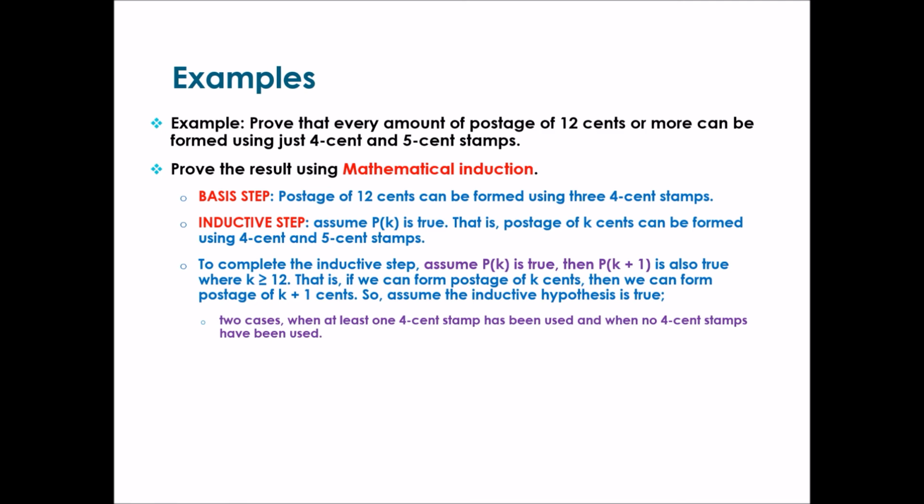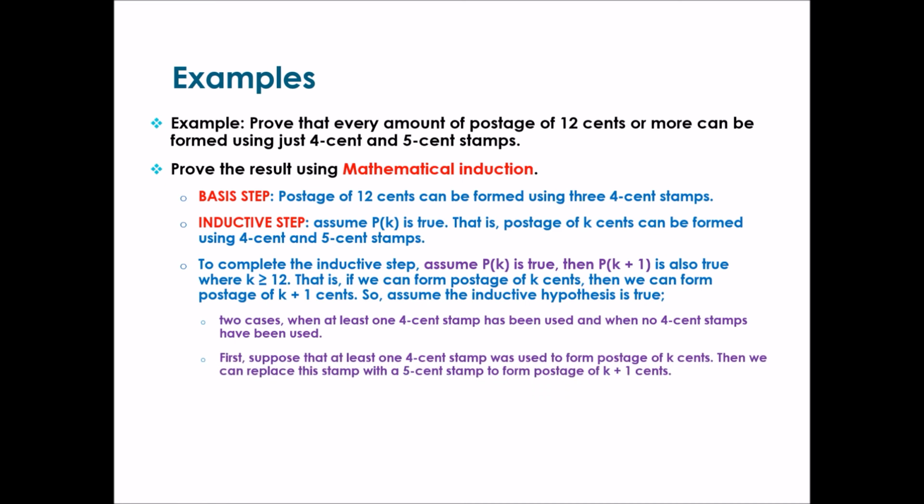That is, we have to prove that if every postage of k cents can be formed by 4-cent and 5-cent stamps, then k plus 1 can also be formed by 4-cent and 5-cent stamps. So this is the target. We have to prove that.